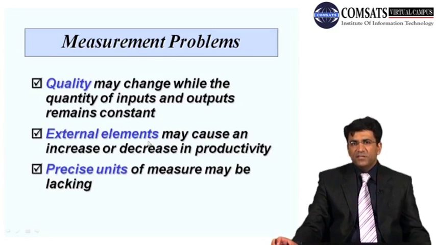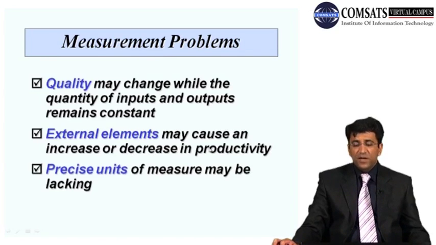In that particular case, we may not be able to find out which inputs actually increased our productivity, because we are taking into account just the quantity of inputs when we use the formula productivity equals output over input, but the quality factor is not being considered in this formula. So that is one of the limitations and assumptions with this formula.